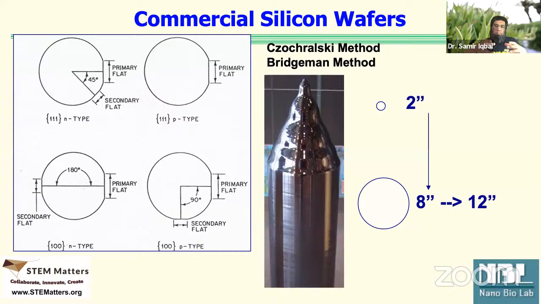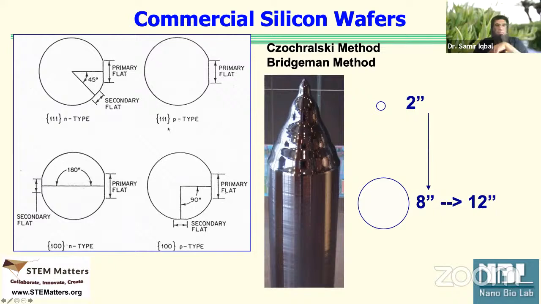Just silvery or mirrory kind of thing. Or what type of doping is there? We do what we call flats. We put some flat areas on the periphery of these wafers that come out of this. That primary flat would mean the wafer is 111 p-type.